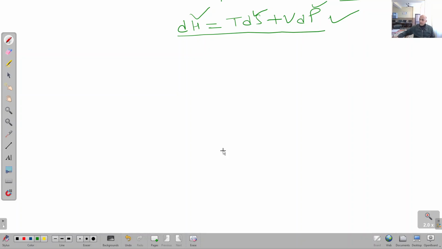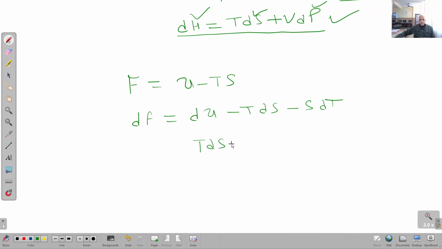So the next one is Helmholtz free energy, right? F. F is defined as U minus TS, right? So if I take the derivative, dF is equal to dU minus TdS minus SdT, right? So if I put the value of dU, TdS minus PdV, so TdS will get cancelled with TdS.